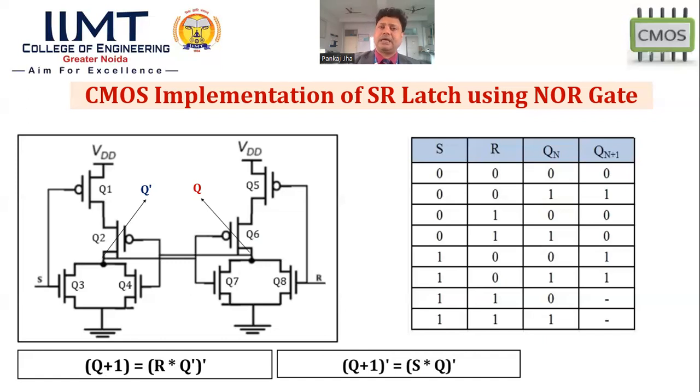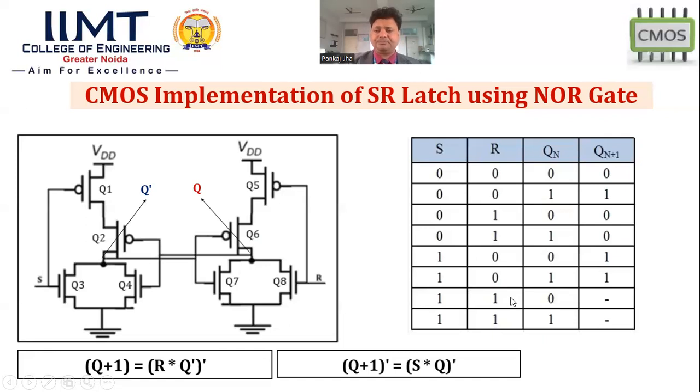You can understand this from the table also. Look, 0 into 0, we get 0. 0 into 0, again 0. 0 into 1, we get 0. 1 into 0, we get 0. For 1 into 1, we get 1.